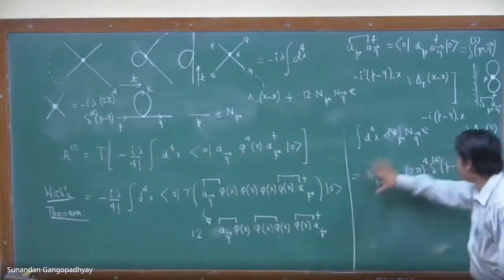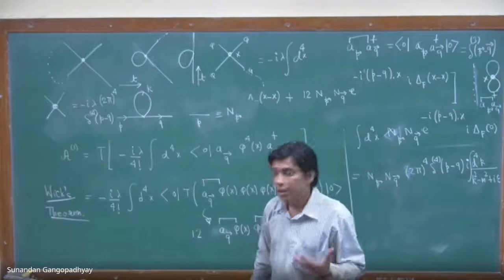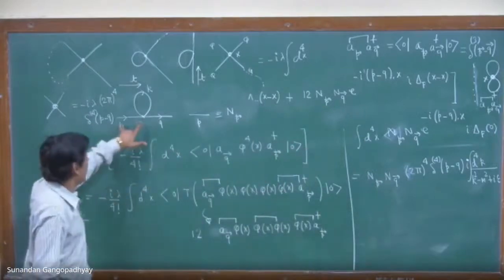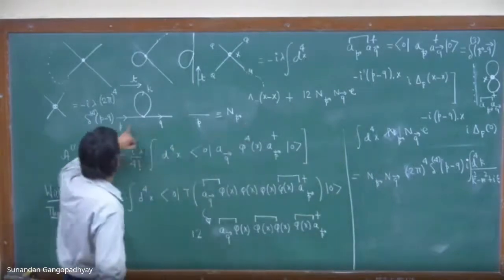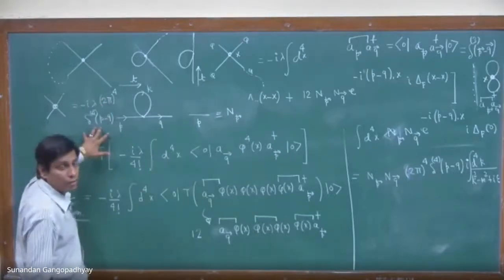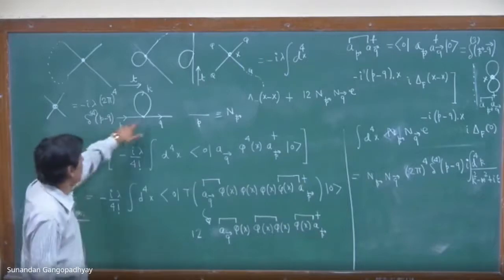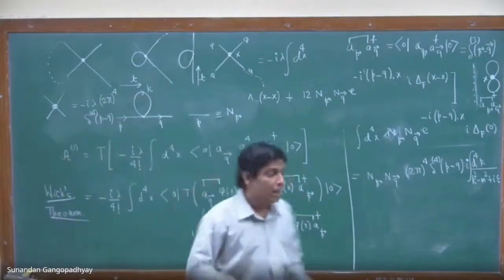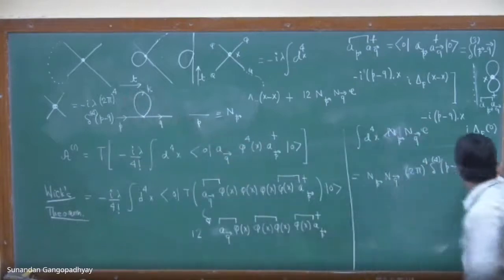But from the second term itself, you can actually derive what the Feynman rules are. This term corresponds to this diagram where the external legs correspond to the normalization factors of NP. Each vertex will give you a factor of −iλ together with a Dirac delta function for momentum conservation, and there's a loop. The loop is coming because you have iΔ(0), and this loop corresponds to this integral over k.